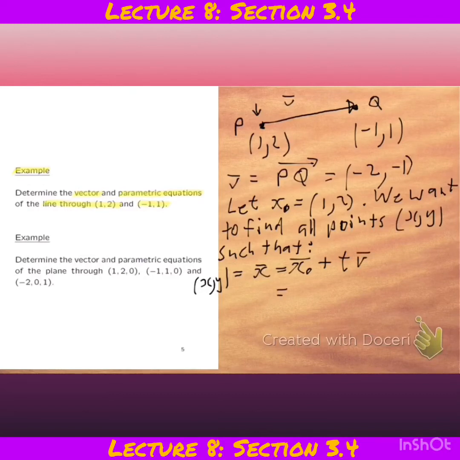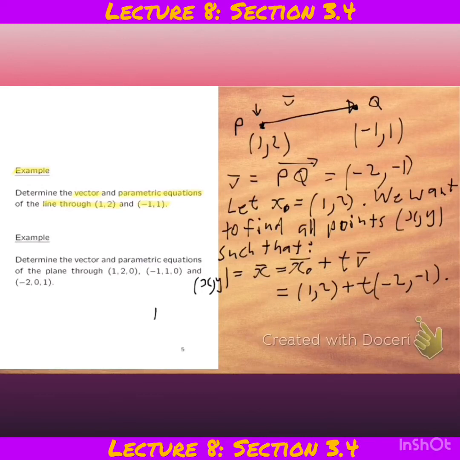So that's the initial point plus a scalar multiple of this vector -2, -1. That is the vector equation of a straight line through those 2 points.